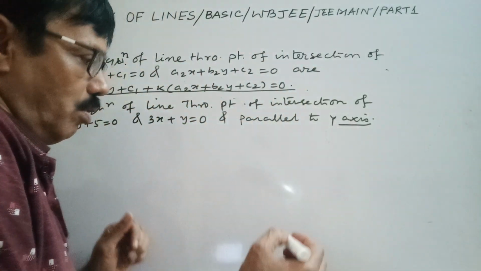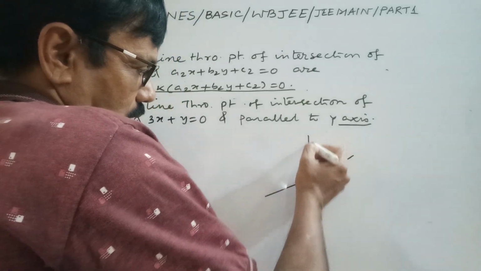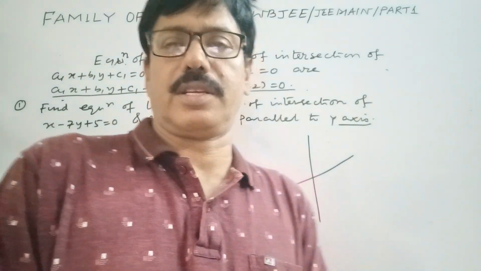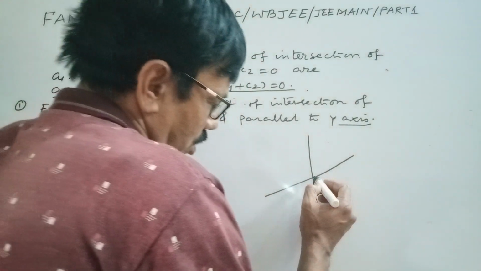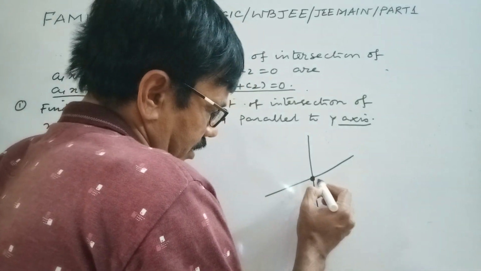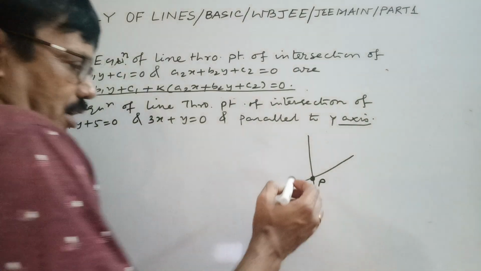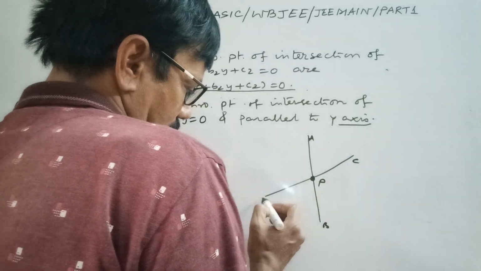So look, there are two intersecting lines, and they intersect at P. Through P you get many lines.